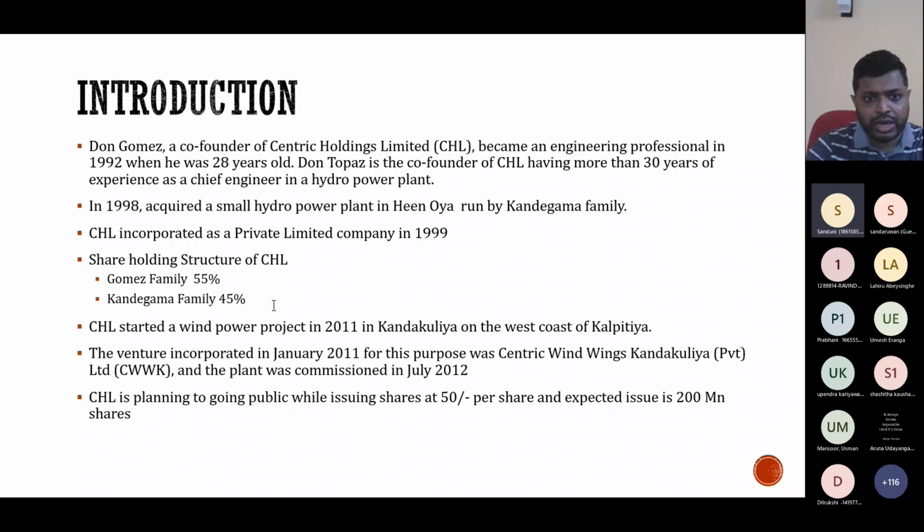This is not a hydro power plant. In this one, there are three joint venture companies.